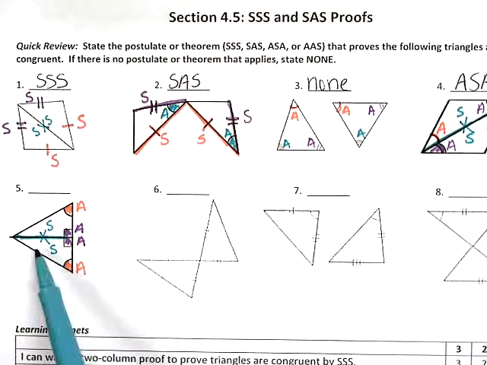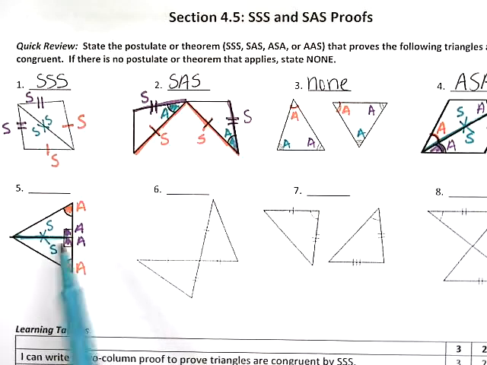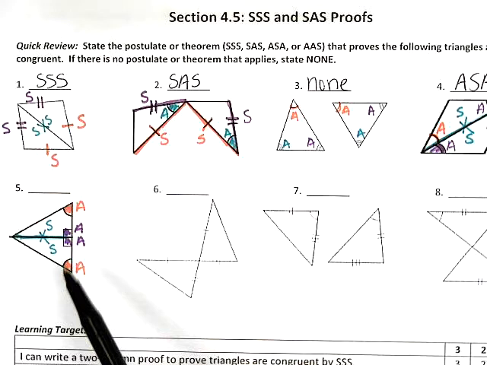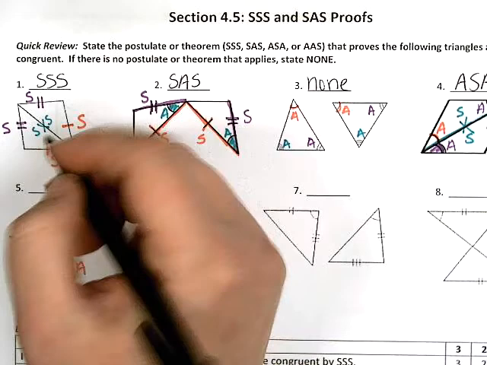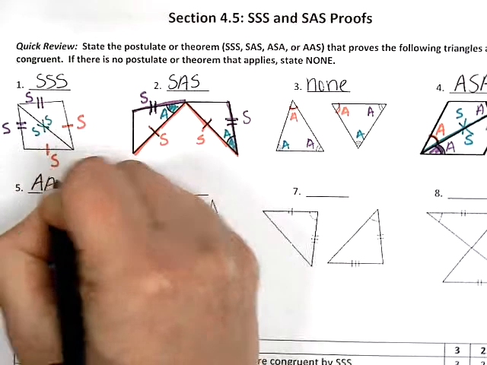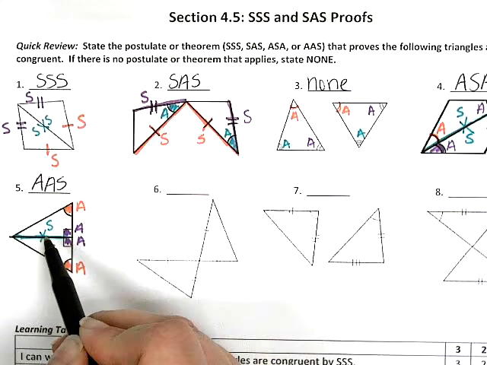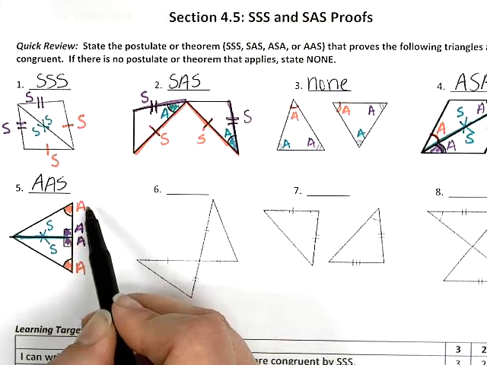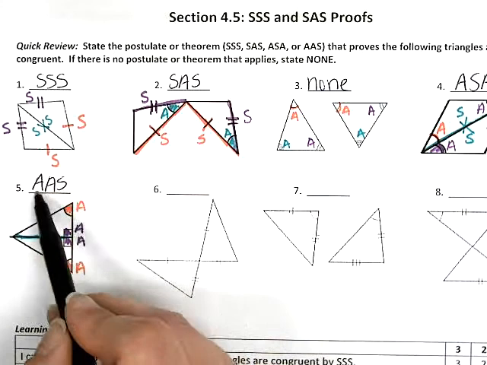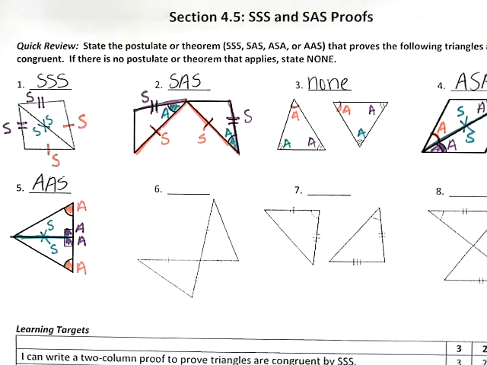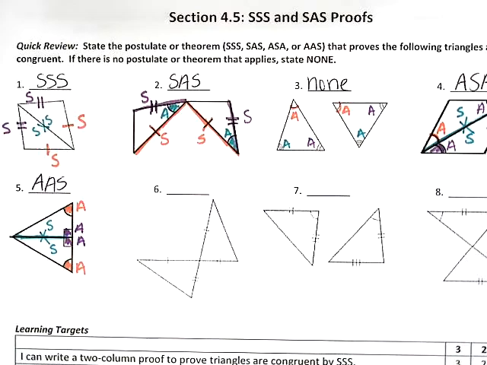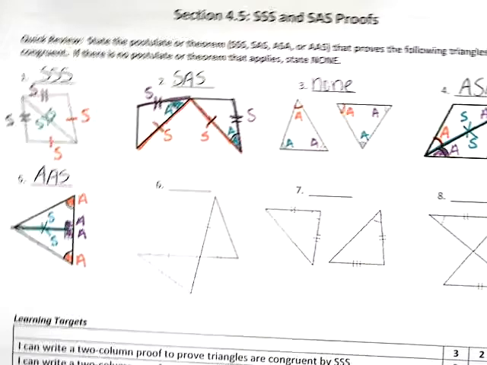Here, blue side not in between my 2 congruent angles, which means this one is not ASA, it's got to be angle, angle, side. They go in order here, AAS. Or, I mean, if you see it as SAA, if you read it from here to here, that's okay. But we do write it as angle, angle, side. All right, but it's clear that that side is not included in between our 2 angles. Okay?